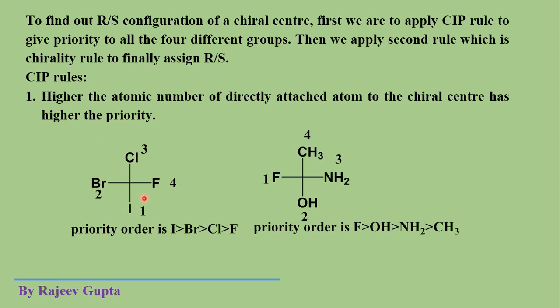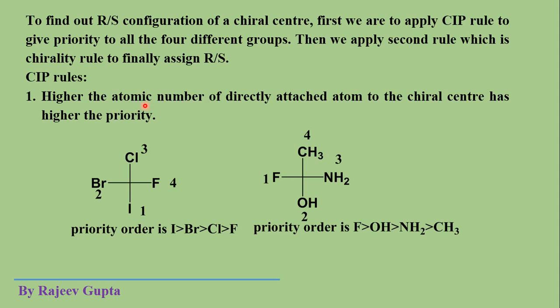Consider this example, shown as a Fischer projection with a chiral center. This central portion is the chiral carbon, and all the four groups are different: iodine, fluorine, chlorine, bromine. So what is the rule?